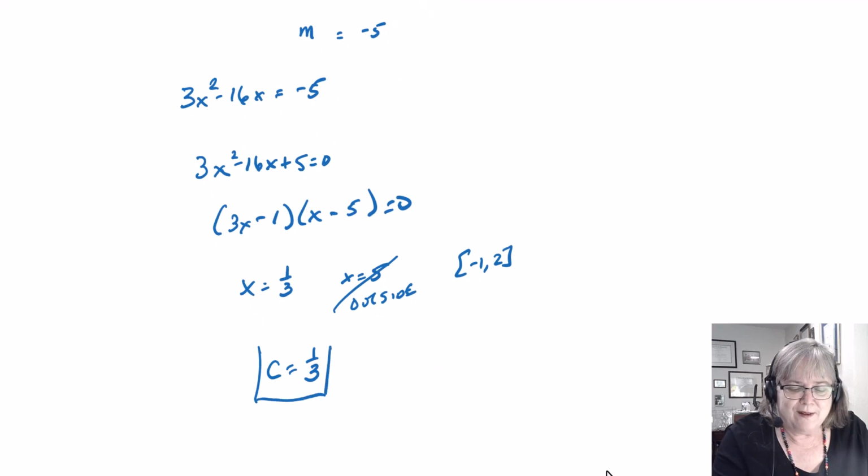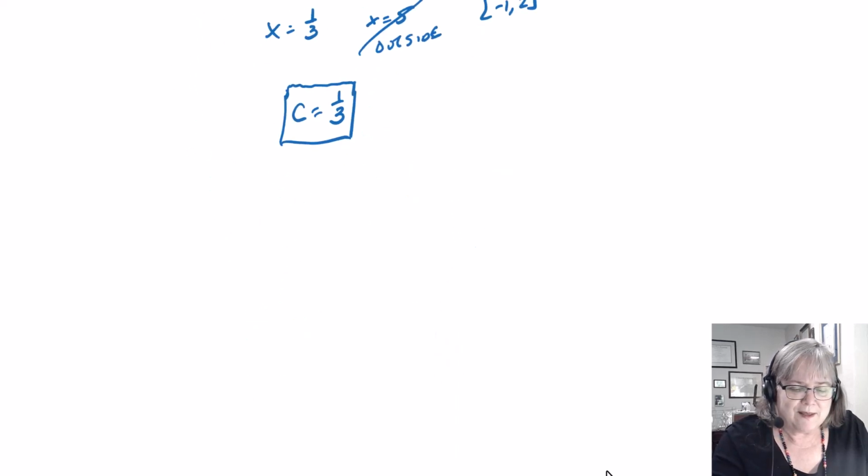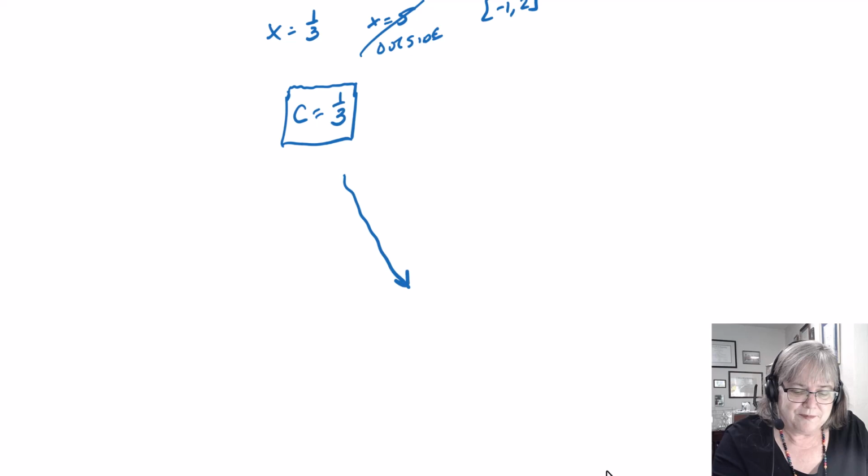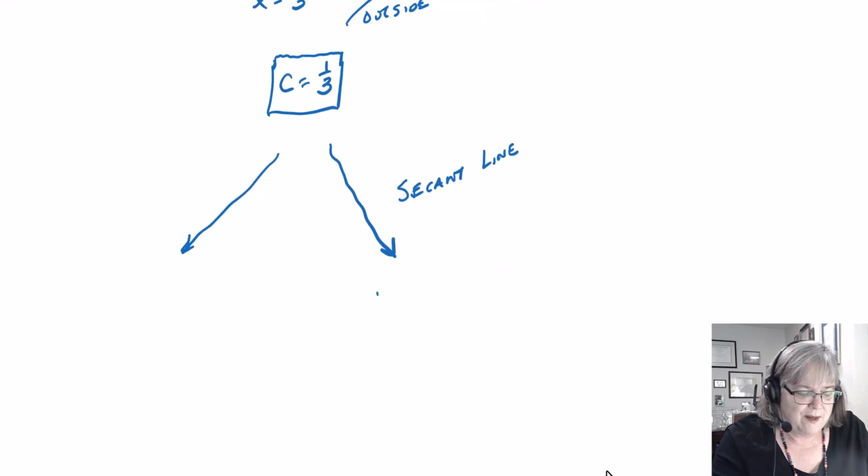Now, when you get problems like this or you make up problems like this, what you have to do is make sure with any sort of reasonable certainty that the problem actually worked or that you did your answer key right. So what I actually did, which was not part of the problem statement, was calculate the secant line equation, and that would be the line between the 2 points on the endpoints.